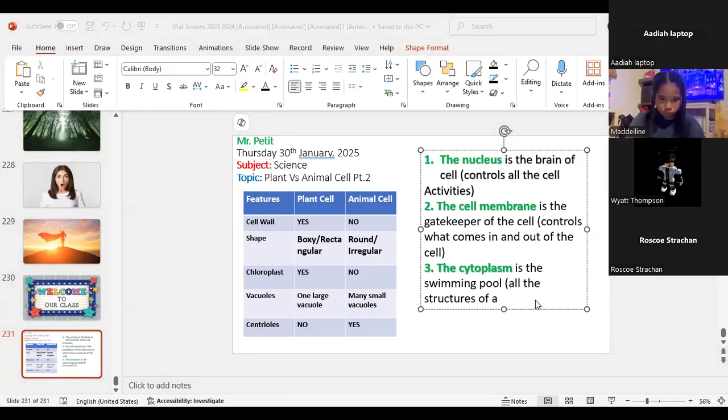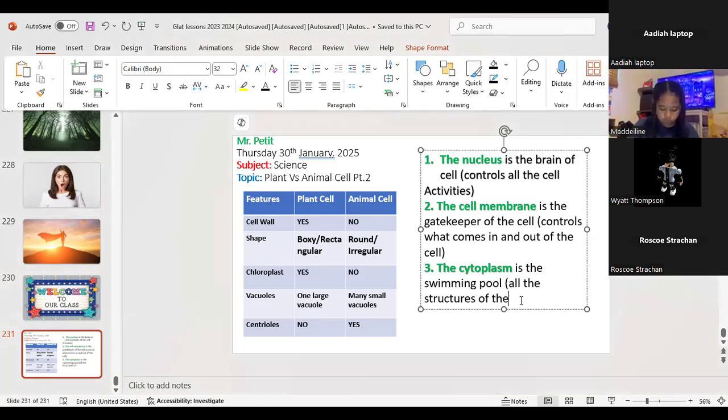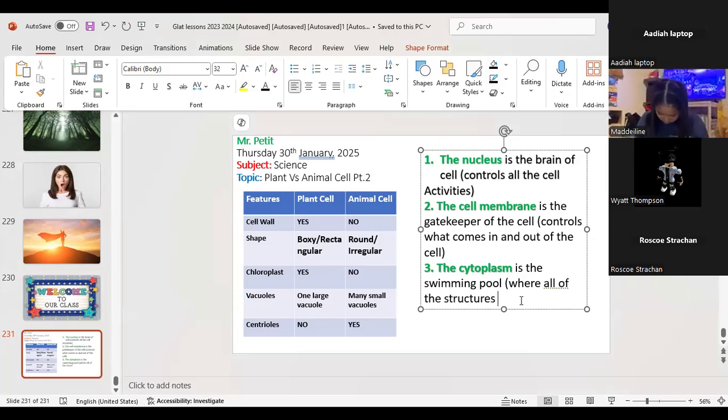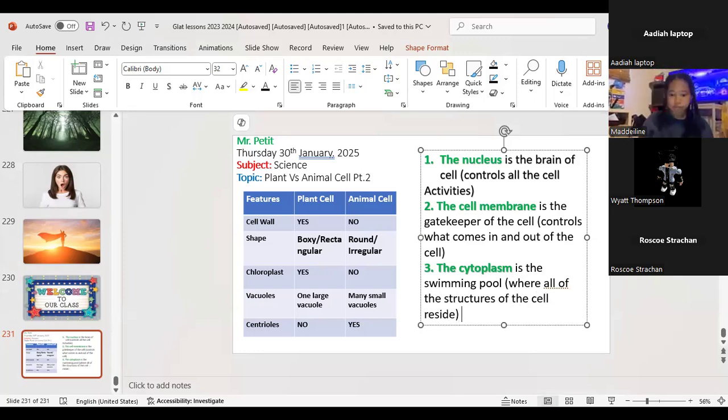So the cytoplasm is the swimming pool where all of the structures of the cell, we call them organelles, reside. They're just floating around in the cytoplasm.